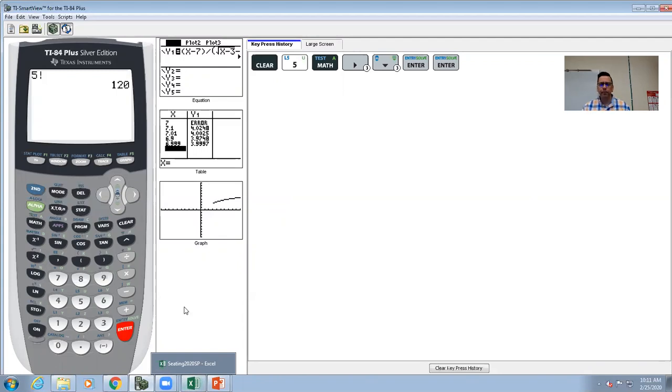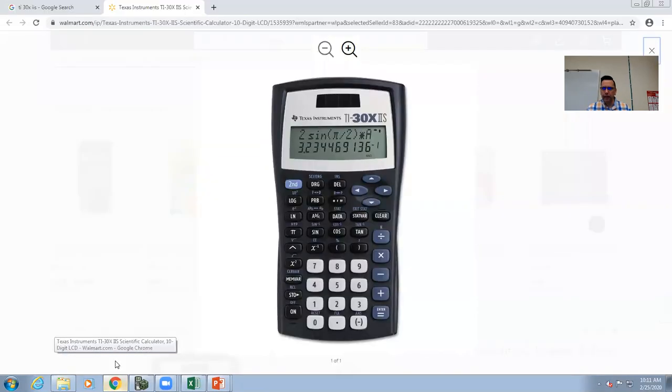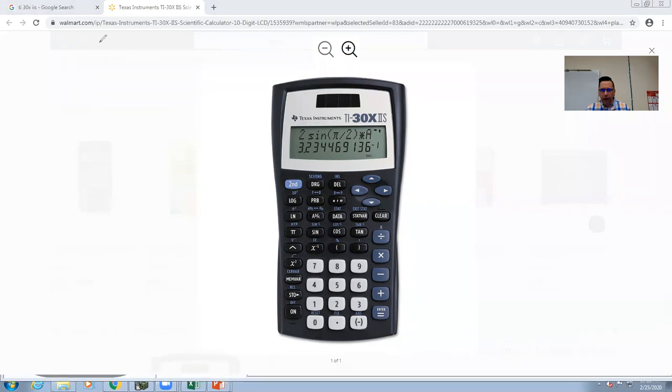The way it works on a scientific calculator, I can't show you the whole thing, unfortunately, but here's what your scientific calculator looks like. That PRB function that we just looked at on the graphing calculator, that's got its own button right here.